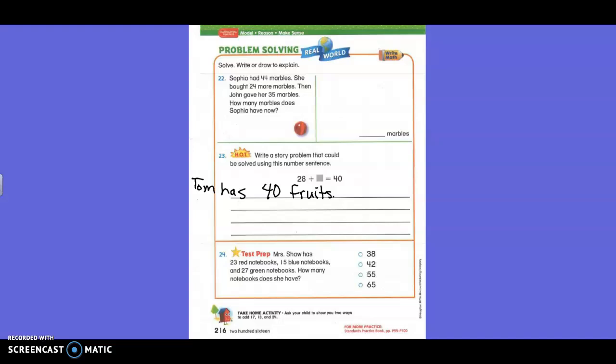Okay, how about we say his mom gave him some fruit. Okay, that's the missing number because we don't know how much she gave him, right? He had 28 fruits to begin with.